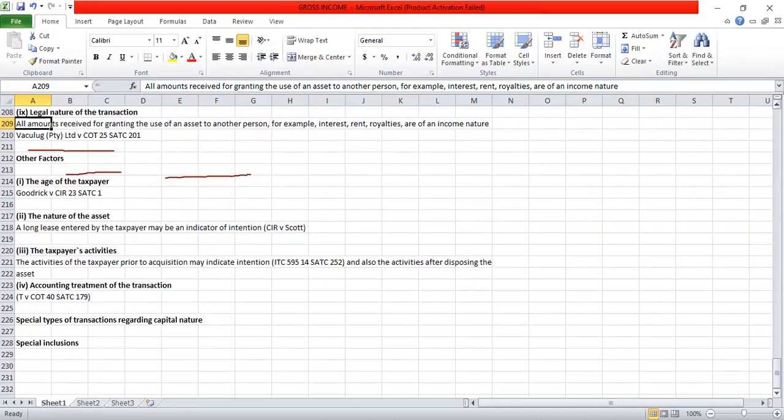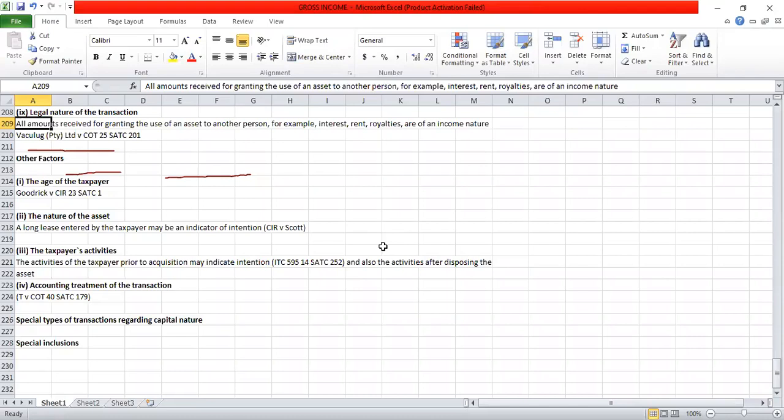All right. Then other factors, you can consider the age of the taxpayer, the nature of the assets, and the taxpayer's activities. That is just before the sale. I think we talked about that anyway. Then the accounting treatment of the transaction.